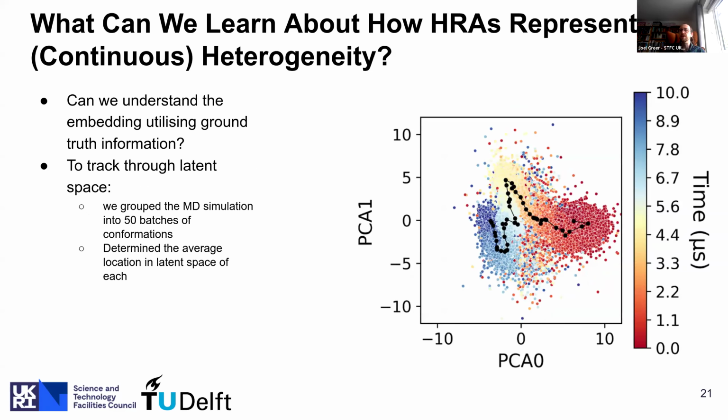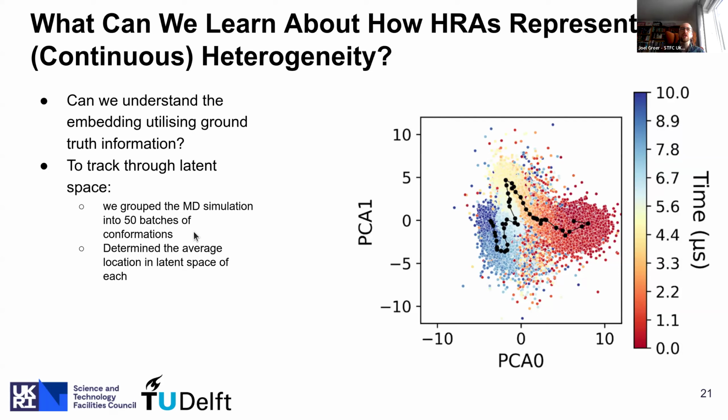Because we can track each of our individual particles and the conformation of that particle back to a time point from the MD simulation, we've colored each of our particles in the latent space embedding by the time at which that conformation occurred in our MD simulation. So you can see there that you can potentially start to track the MD simulation's path through the latent space embedding from start to finish.